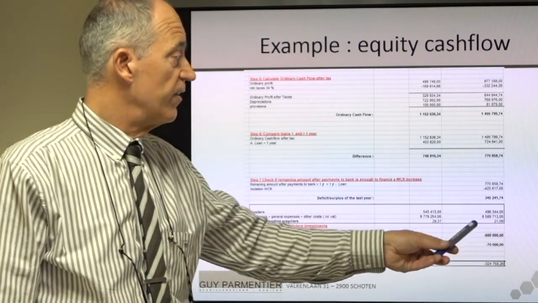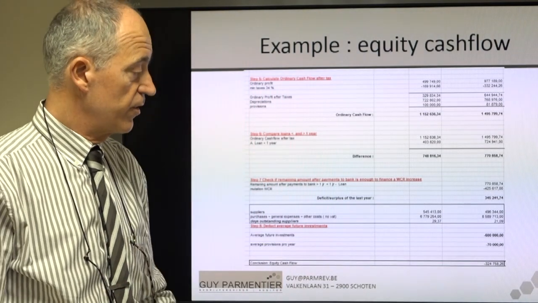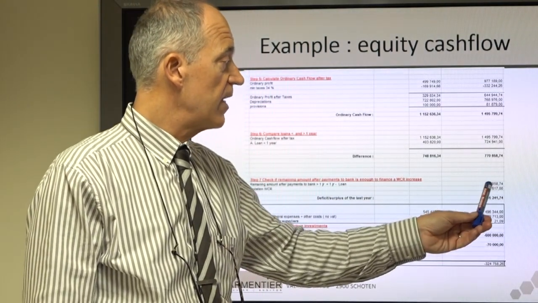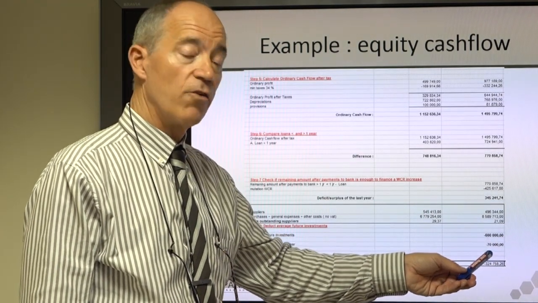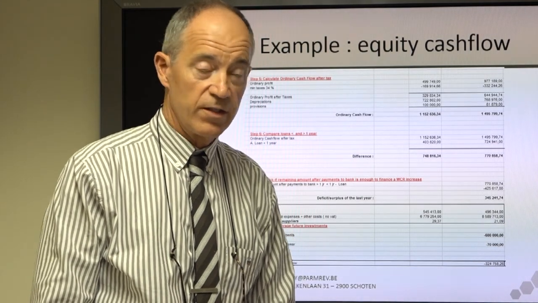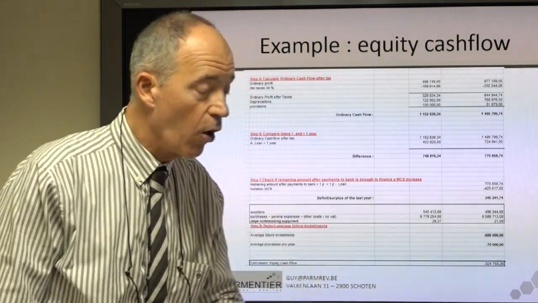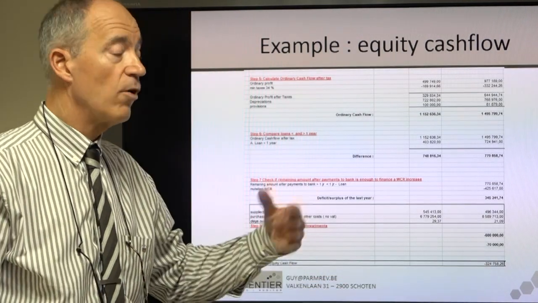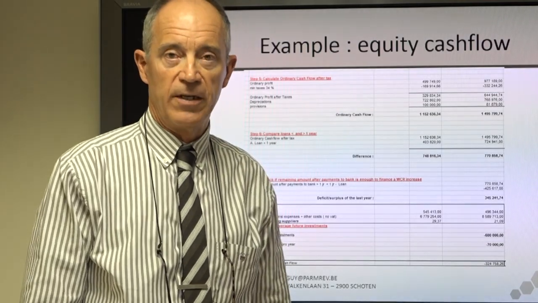Suppose it's 90 days, then you know they still have a lot of possibilities to have much more supplies outstanding, then it will be 770,000 minus your average investments minus your provisions and bring you about a positive equity cash flow of about 100,000. So this shows that the mutation of working capital requirements always has to be recalculated when you're making an equity cash flow calculation for your valuation of a company.